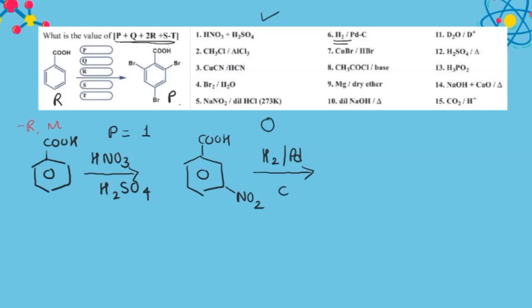So this will become our Q, and the value of Q is 6. While you write the reaction, it's better to write down the values also, right? So now this will become NH2. Now NH2 is an electron donating group. Why so? Because the lone pair of electrons on nitrogen will be given to the benzene to increase the electron density.